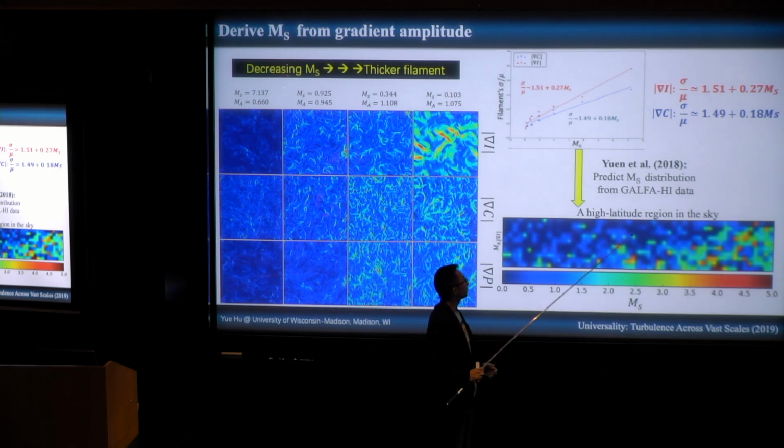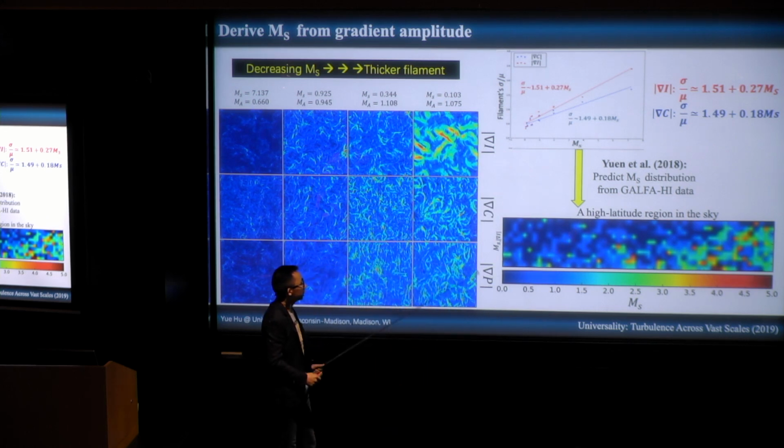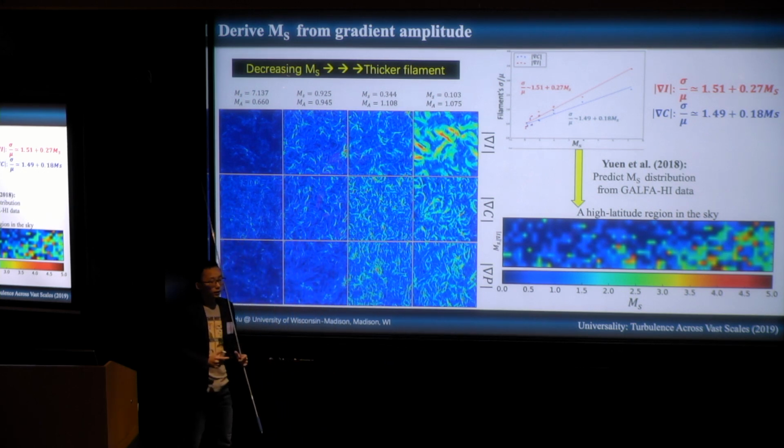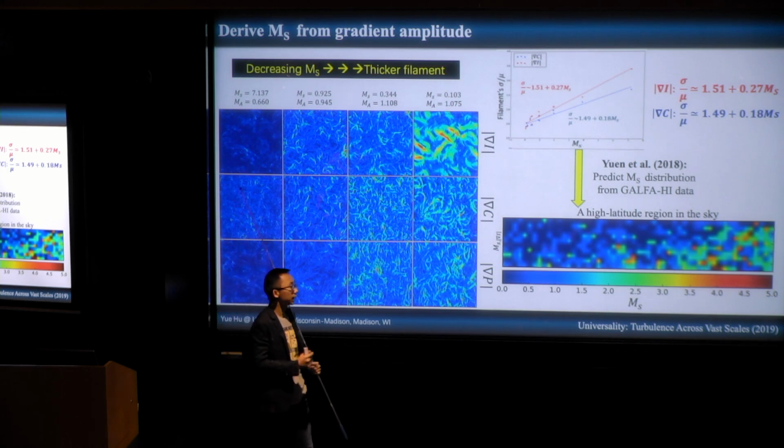Here is an example from the GALFA HI survey, high latitude regions HI data. Our prediction shows most regions have Ms less than 1. They are subsonic. And this is what we expect for the warm neutral medium in high latitude regions.